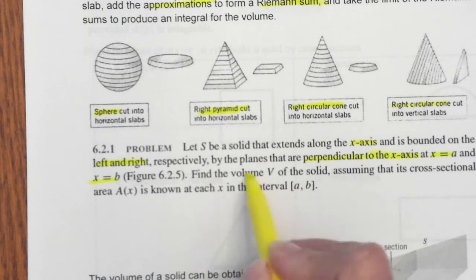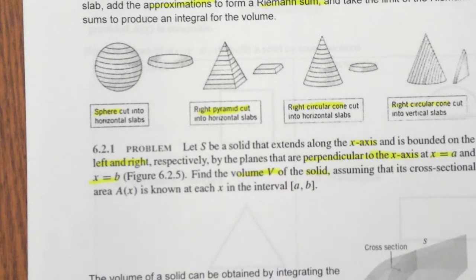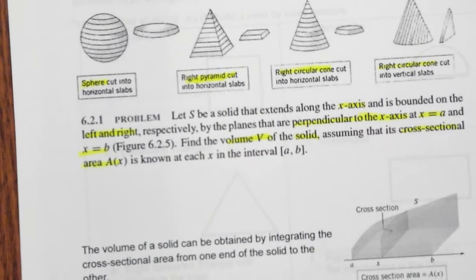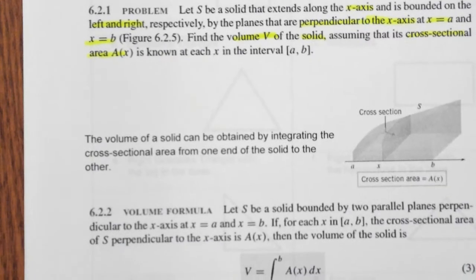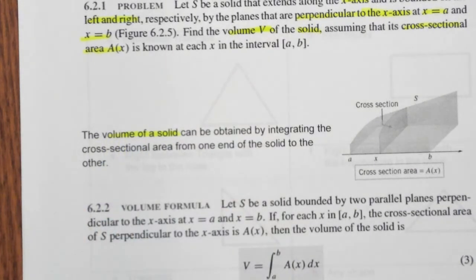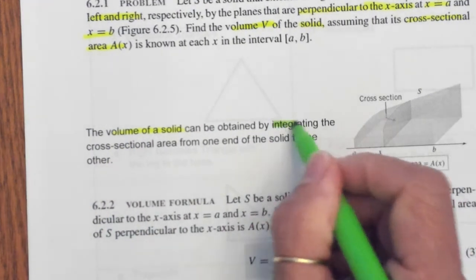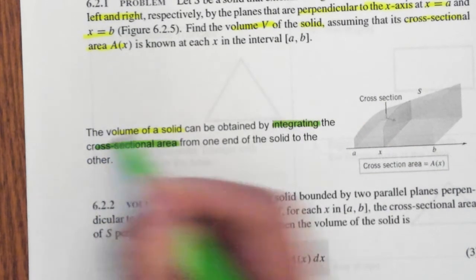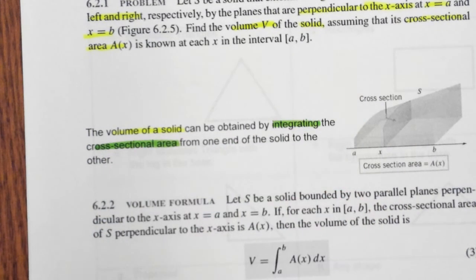We can essentially find the volume of this solid, assuming that we have a cross-sectional area and we know what it is over that given interval. So what they're saying here is that the volume of a solid can be obtained by integrating the cross-sectional area from one end of the solid to the other.